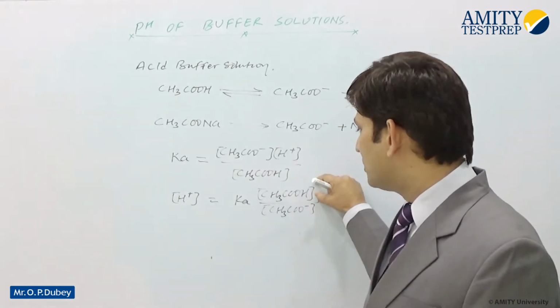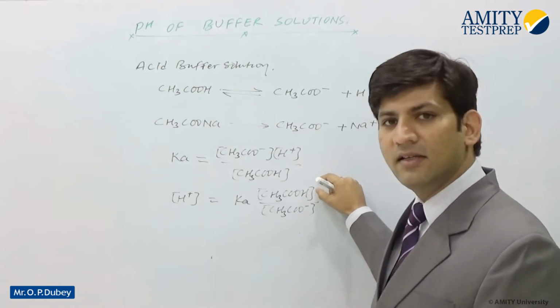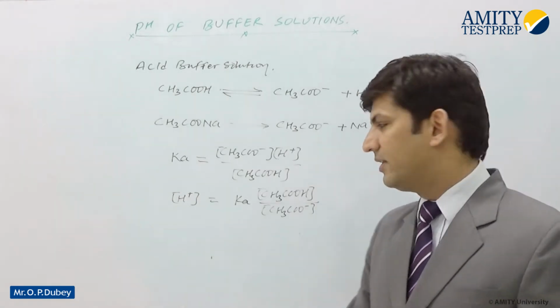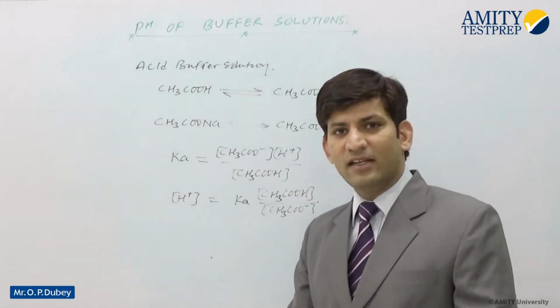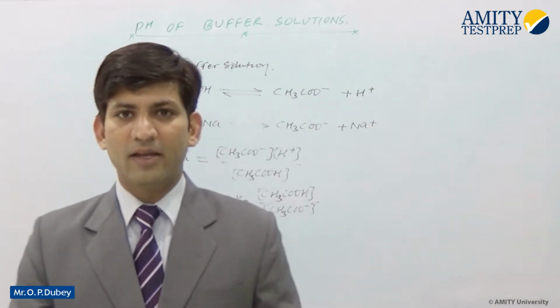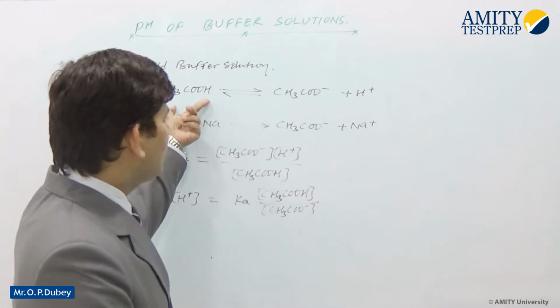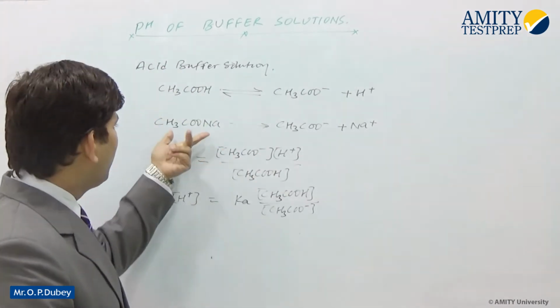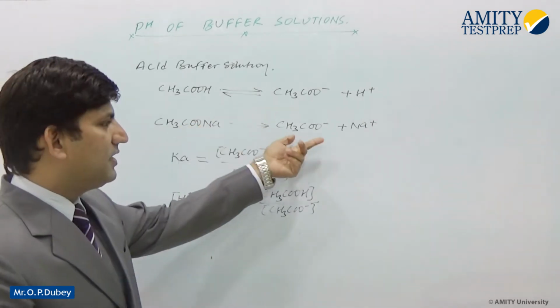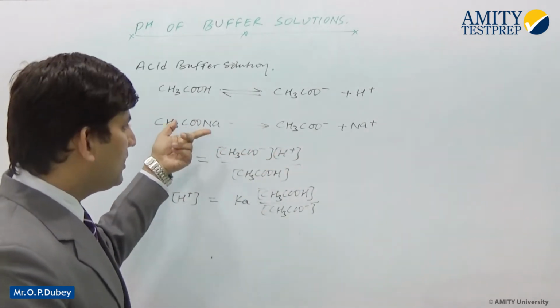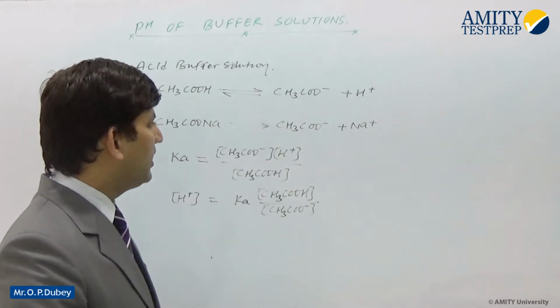Now the concentration of acetate ion. Acetate ion in the mixture is produced by both the weak acid acetic acid as well as the salt sodium acetate, which ionizes completely in the aqueous solution.